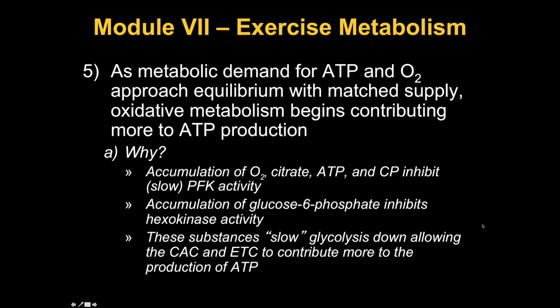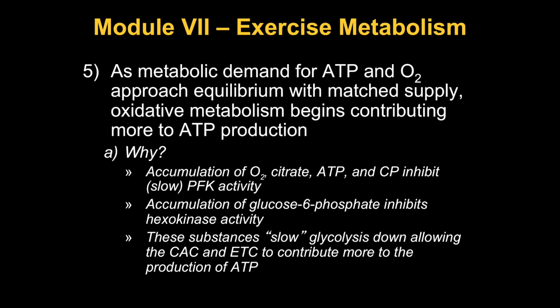Okay, so as the metabolic demand for ATP and oxygen approach equilibrium, so in other words, we're getting a matched supply of oxygen for the given demand, then oxidative metabolism is basically going to take over as the primary fuel substrate usage to produce ATP.